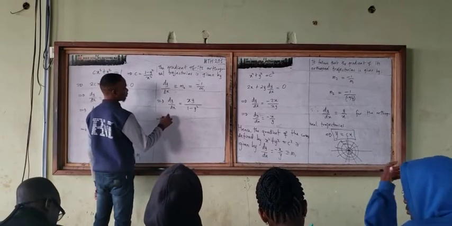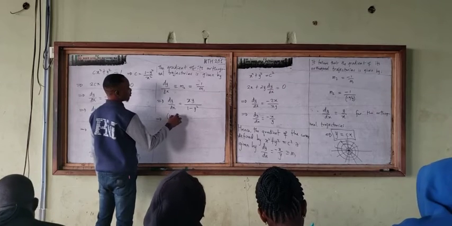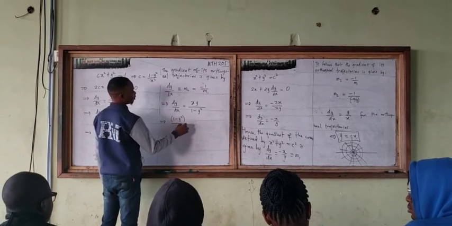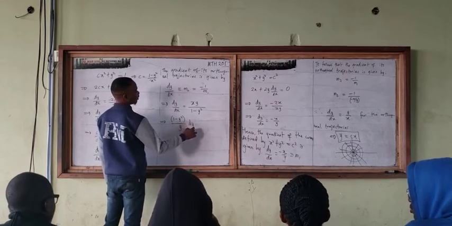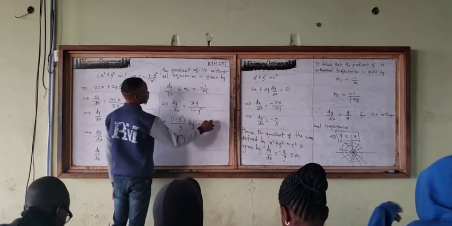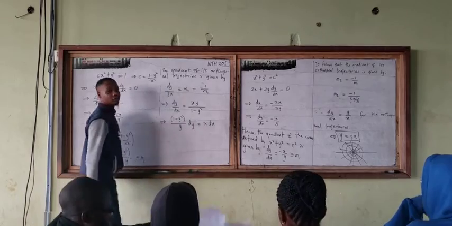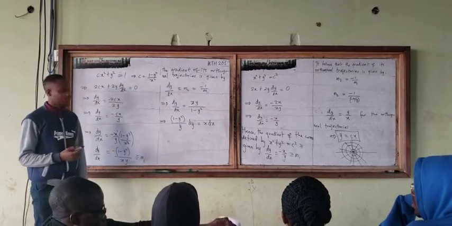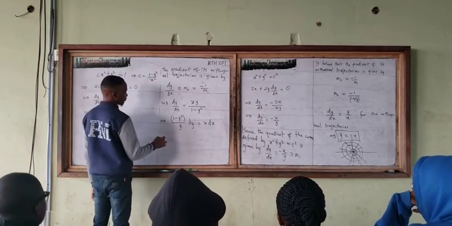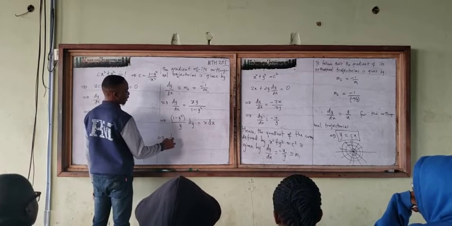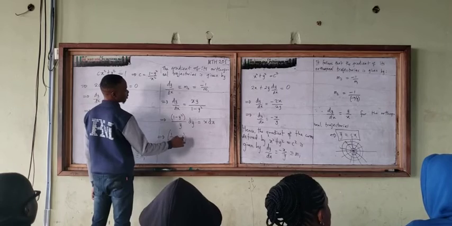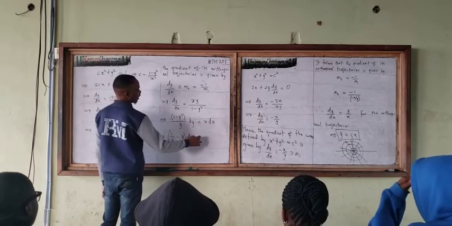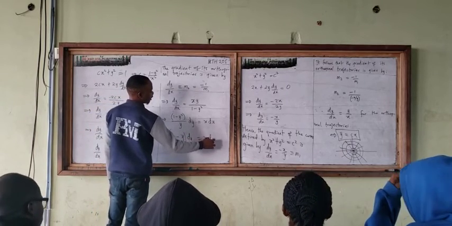You are going to have (1 minus y squared) over y dy equals x dx. Is that correct? Is this what you got? Yes. Then you can simplify this further and say that this is (1 over y minus y) dy equals x dx.